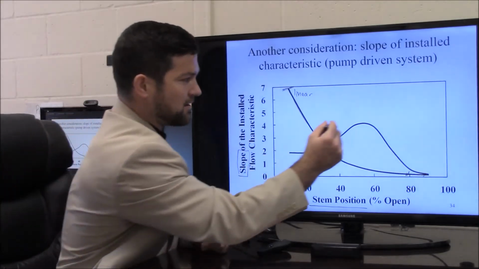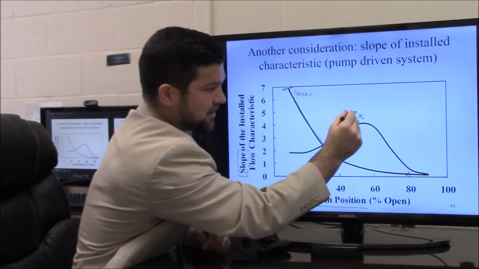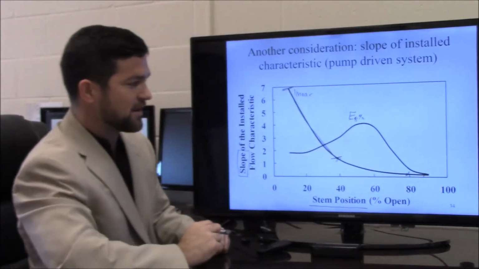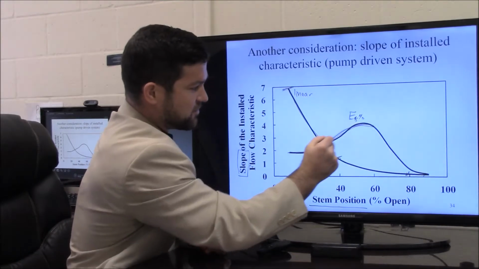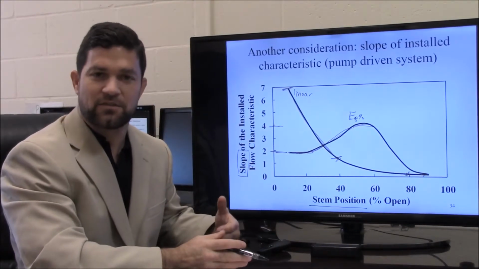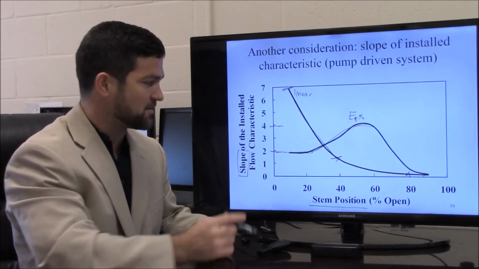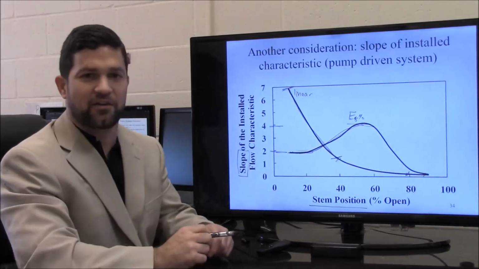If we compare that with equal percentage valves, let me draw this a little bit better. Initially we vary between about 2 and 4. So our gain, the change in flow with respect to change in stem position, is going to be fairly constant over the entire range of flow.